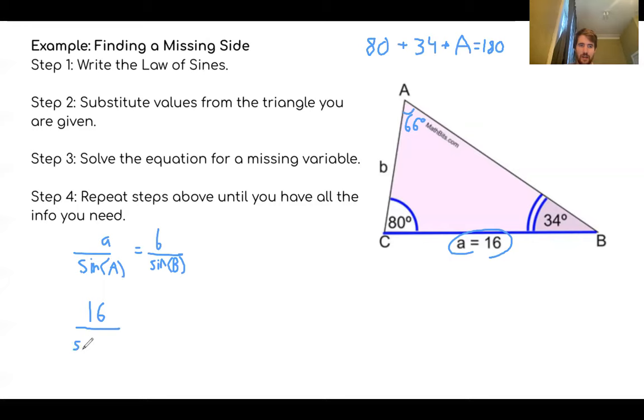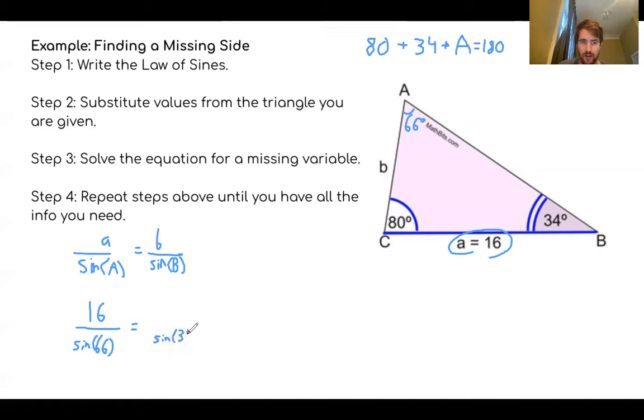We can plug that in here. Sine of 66. Sine of B is 34. So this is going to be sine of 34. And we're trying to figure out what B is. All right. Well, this is actually not too bad. We're just going to do a little bit of math on the calculator. So get out your calculator.